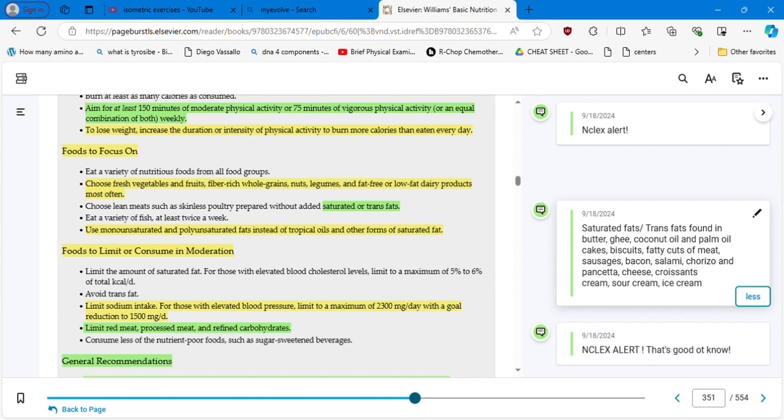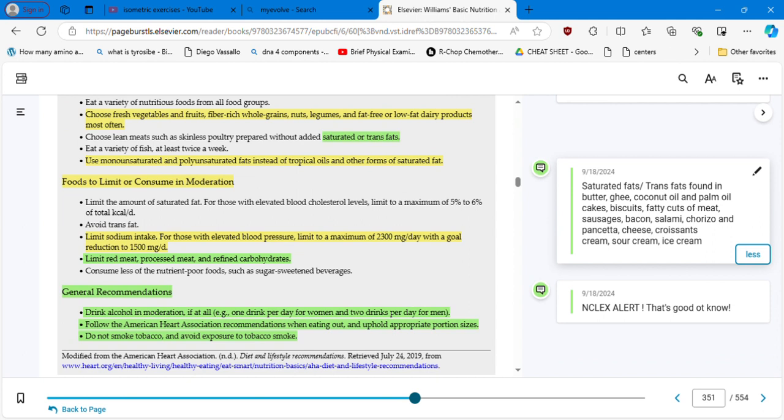Okay, it's good to do your oil pulling, probably use it for other conditions. You can use it on the skin, you can use it to prepare deodorants, but for cooking it's not. And especially if you are planning to cook in olive oil, coconut oil is not. Palm oil, no. Cakes, biscuits, fatty cuts of meat, sausages, bacon, salami, chorizo, pancetta, cheese, croissants, cream, sour cream, blah, blah, blah. You name it, okay?